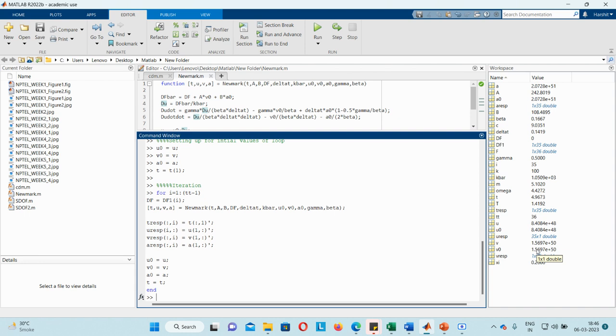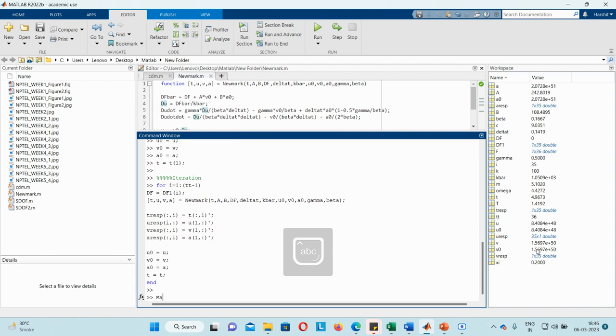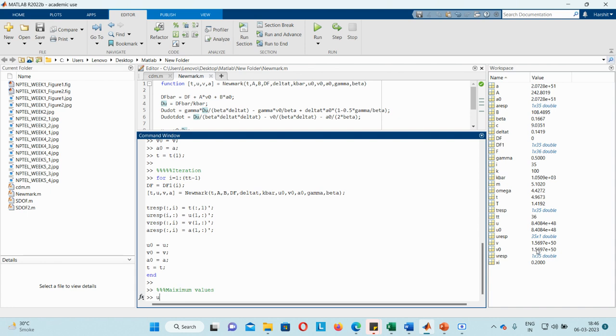So once the responses are stored, we can see the maximum values. U max is nothing but max of U response.